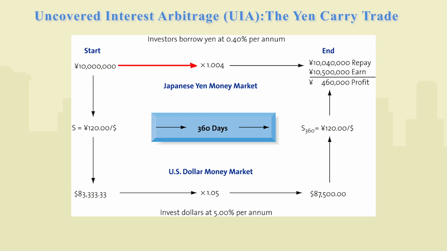So, start with borrowing 1 million yen at 0.4% interest rate per annum. Then, change yen into dollars at a spot rate of 120 yen per US dollar. Then, invest the dollars at 5% per annum for 1 year. 1 year later, exchange the dollar capital and interest into yen at the future spot market.